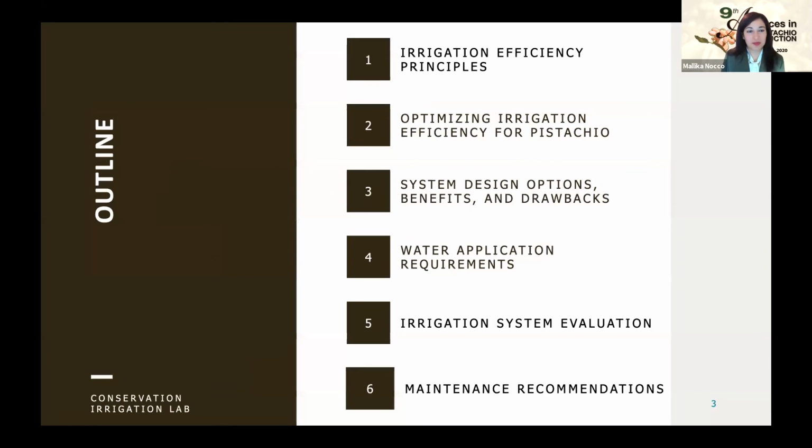And just a brief overview, we're going to be talking about the principles of irrigation efficiency, how we want to optimize irrigation efficiency for pistachio, some system design options, benefits and drawbacks, a little bit about water application requirements, irrigation system evaluation, and some maintenance recommendations.